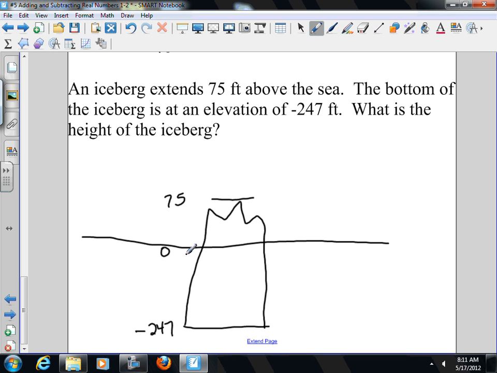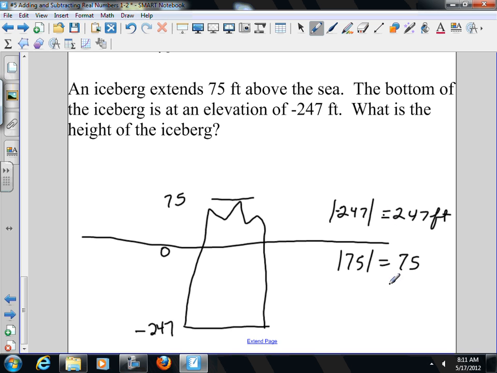Well, from negative 247 to 0, basically we're taking absolute values here. The absolute value of negative 247, how far is it from 0? Well, it's 247 feet. And then how far is 75 feet from 0? Well, absolute value of 75, you all know that, is 75 feet.